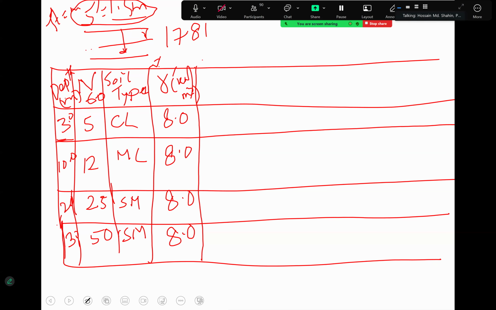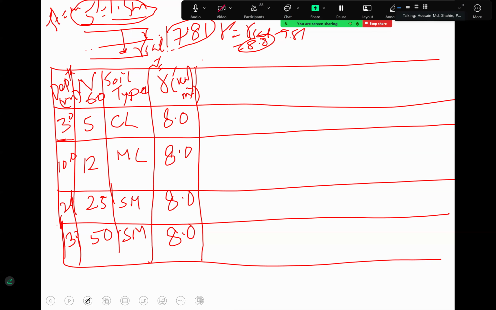So if gamma sat equal to 17.81, gamma dash will be gamma sat minus 9.81. It will be almost 8. So there is some justification of this 8. The range is 7 to 8. So use 8 for all.